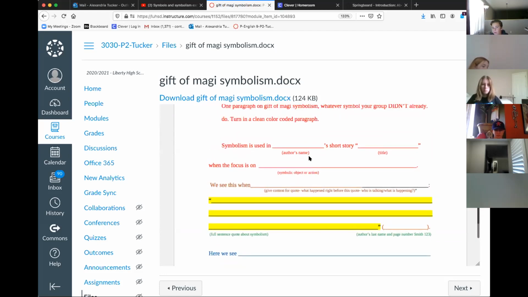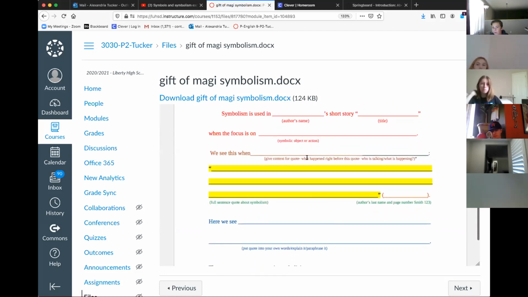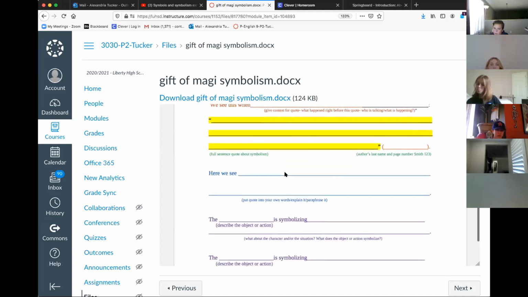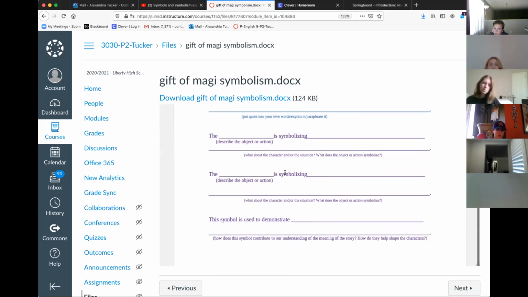The beauty of this is you can use it for basically any paragraph you're ever going to write about symbolism, period, because symbolism is something you'll use in literature for the rest of your academic career. So this is a great resource, just like when we had a fill-in-the-blank for how to write about ethos, pathos, and logos, you can reuse that, same with this.